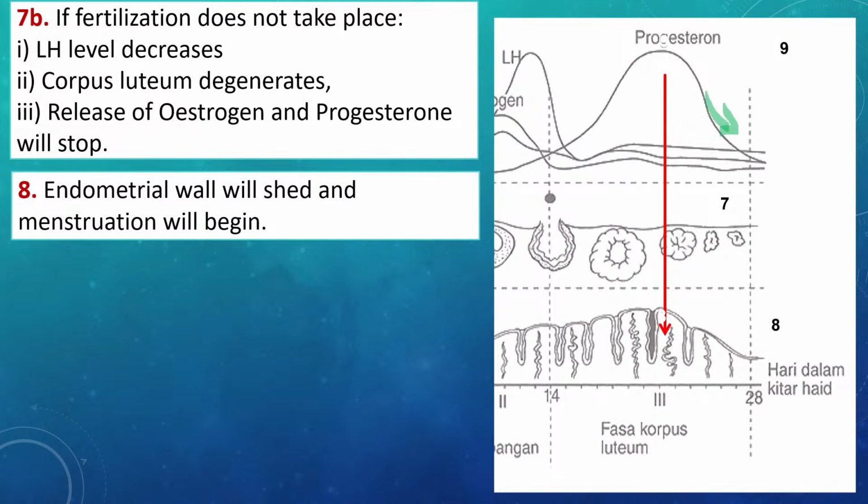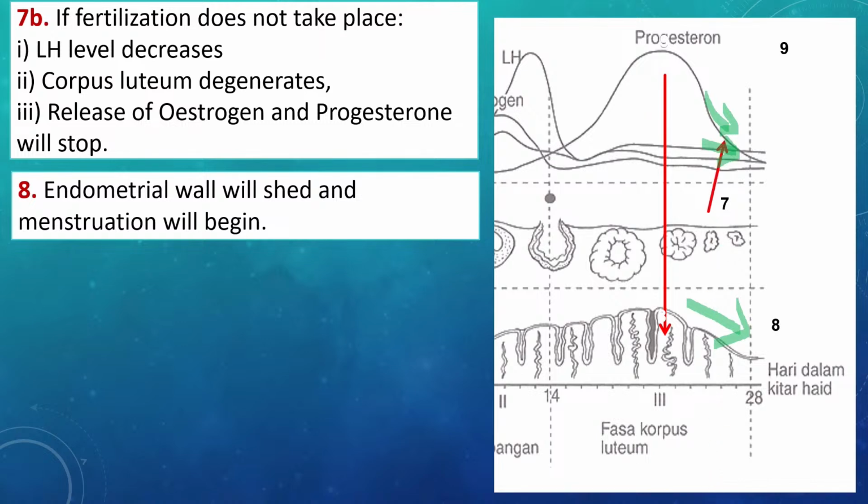When the progesterone drops especially, this will have a direct impact on the endometrial wall. The endometrial wall starts to break down. It starts to shed as well, and this will be the beginning of the next menstruation.